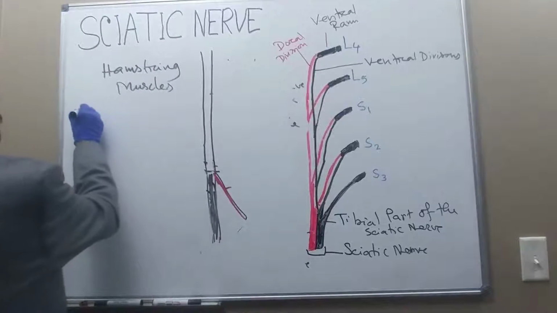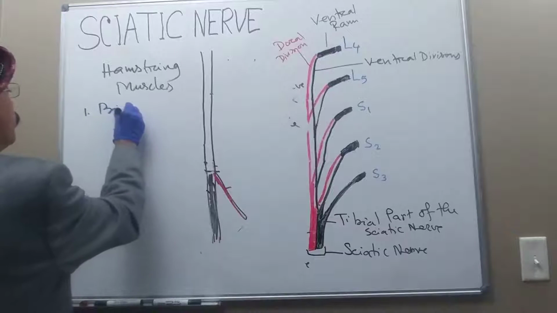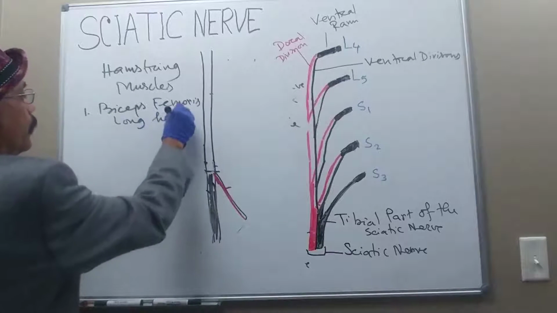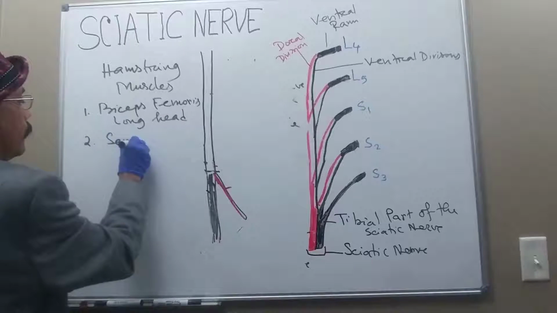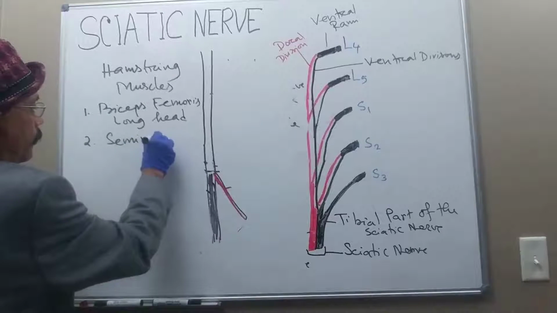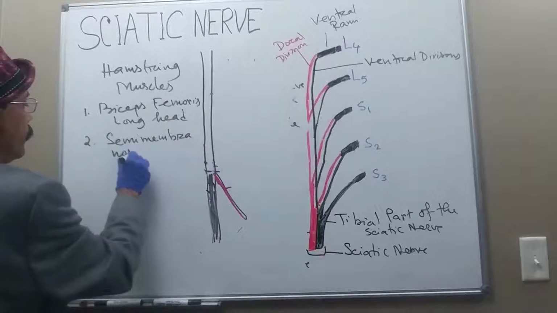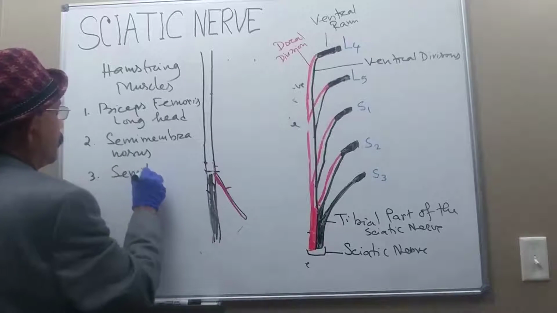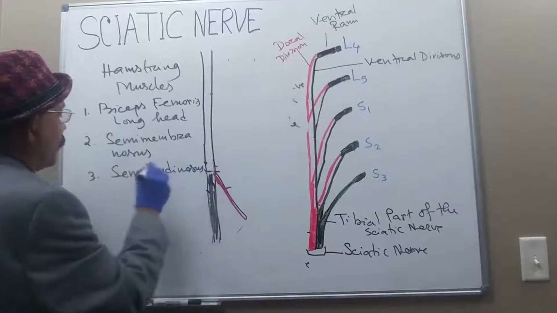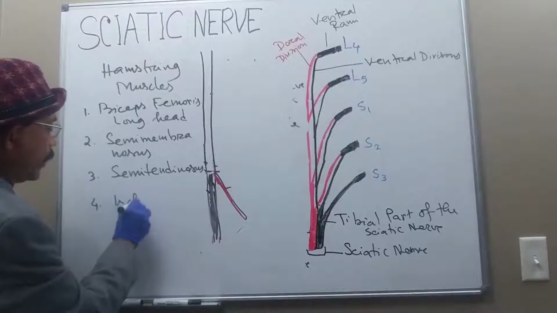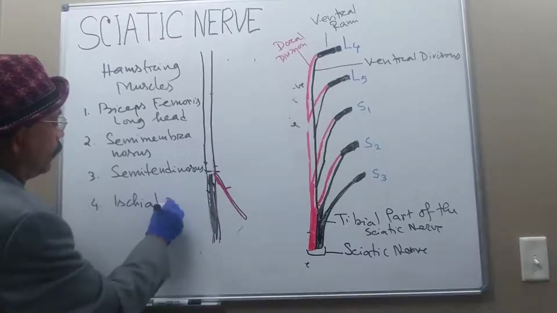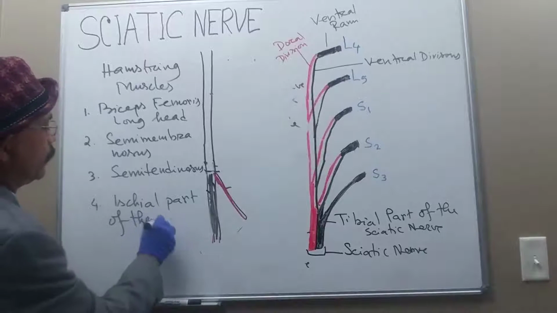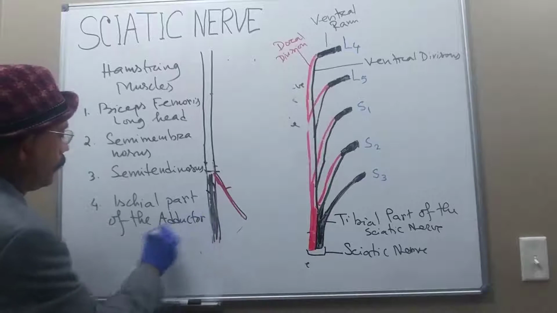These are the biceps femoris long head, not the short head, semimembranosus, semitendinosus, and the ischial part or hamstring part of the adductor magnus.